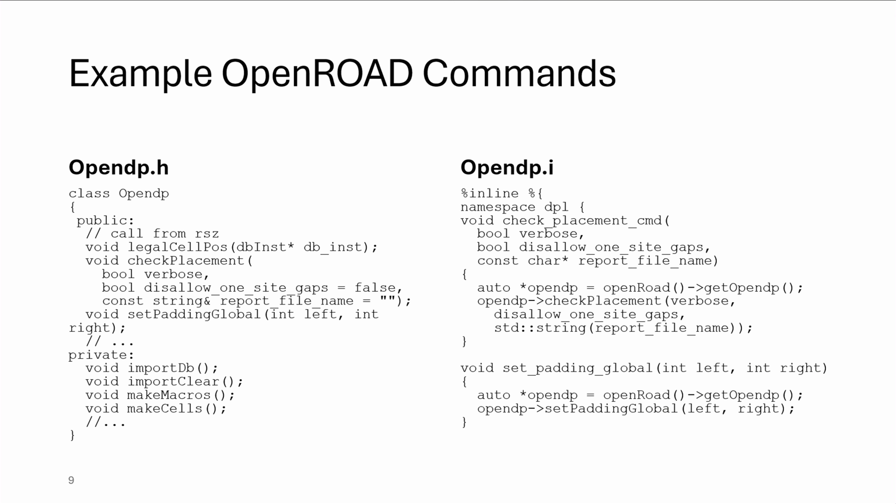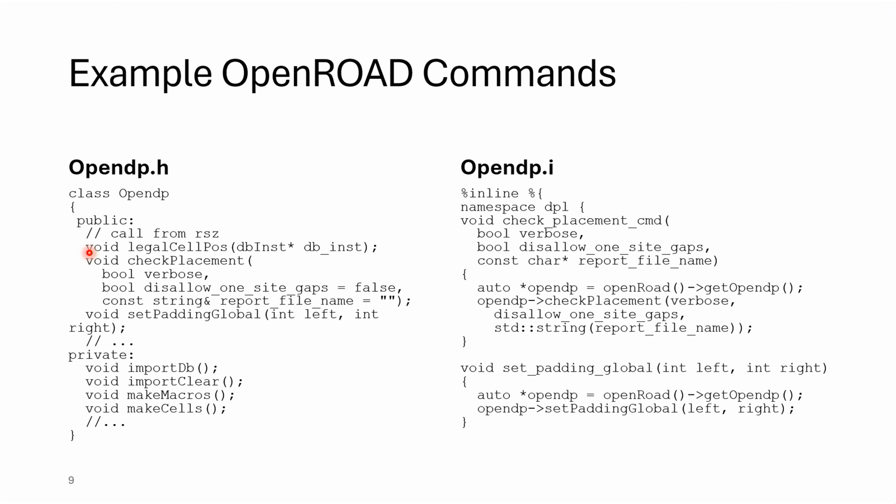Here's an example of this in action from DPL, which is the detailed placer tool in OpenROAD. This code has the main header file of opendp.h, and you can see in here that there's this class OpenDP, and we can have some public member functions, private member functions, and many more things which are not mentioned here just for brevity.